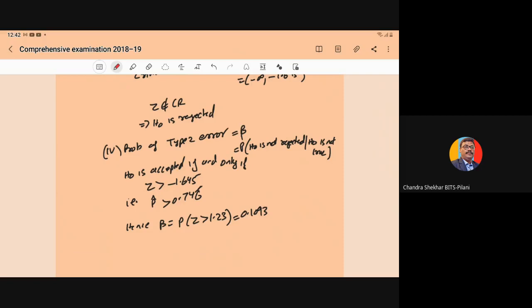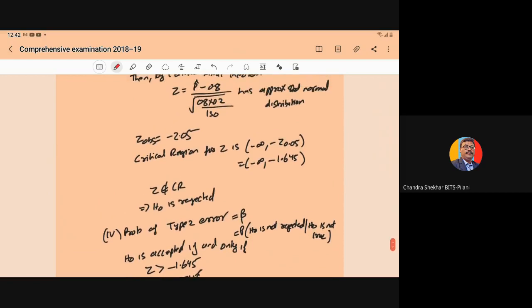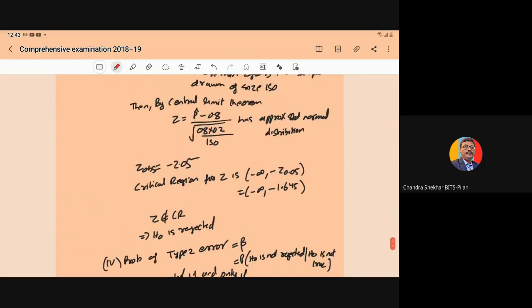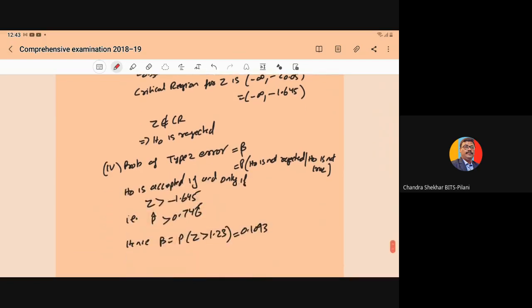So what is the meaning? H naught is accepted if and only if we have Z greater than minus 1.645. So from the given data, Z is equal to p cap minus 0.8 upon root of 0.8 into 0.2 upon 150.